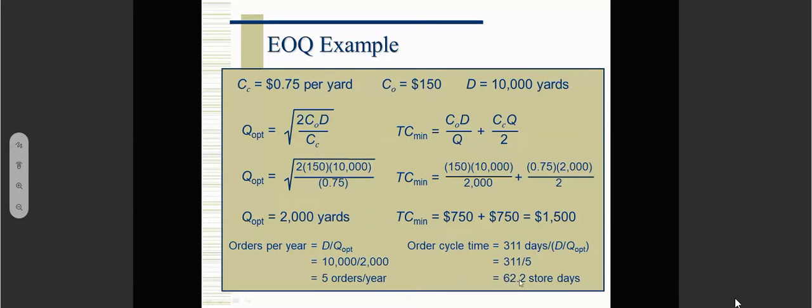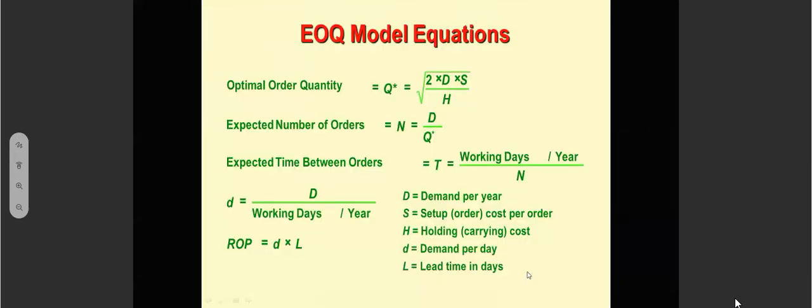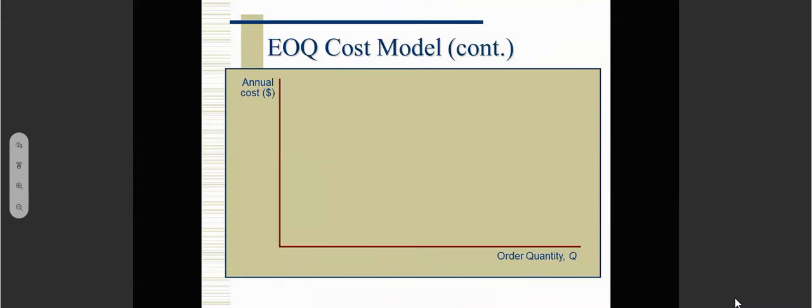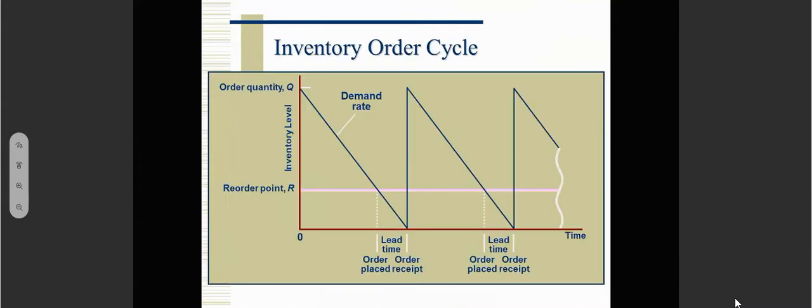So each order cycle has a length of 62.2 days. So where is the order cycle? As shown in this figure, each of these represents an order cycle.